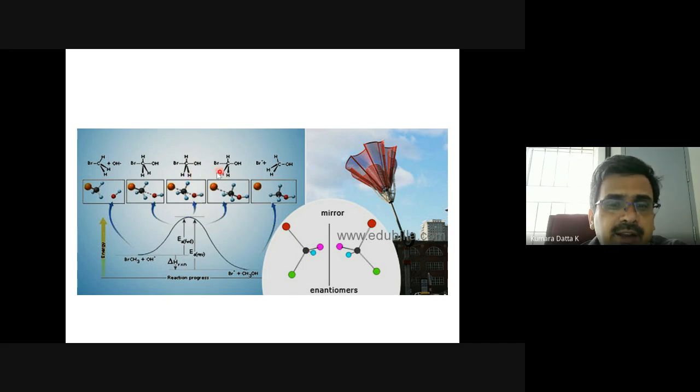You can see here how the inversion occurs, and finally at the end, bromine departs and then we get methanol. So this is how we get the inversion of configuration, especially with respect to SN2 kind of mechanisms.